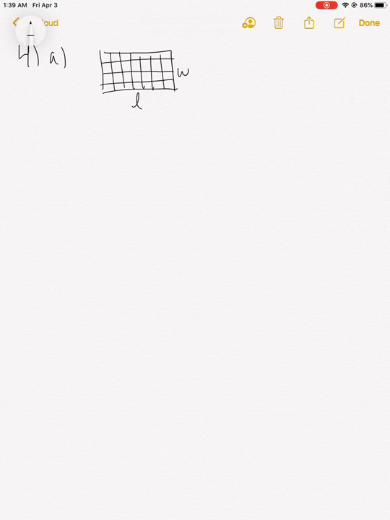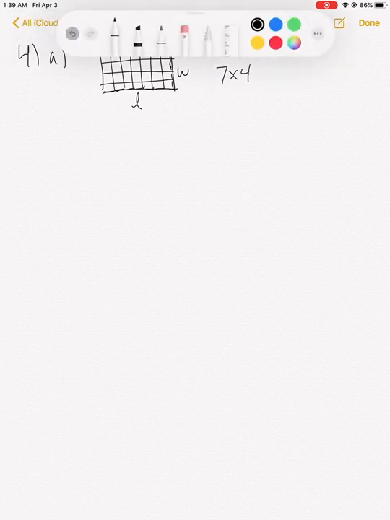If I count the boxes on one dimension, 1, 2, 3, 4, 5, 6, 7, and the boxes on the other dimension, 4, I have 7 units times 4 units, which is equal to 28 units squared, because there's 28 squares in there. So multiply length times width.